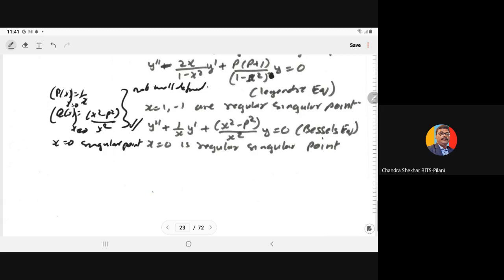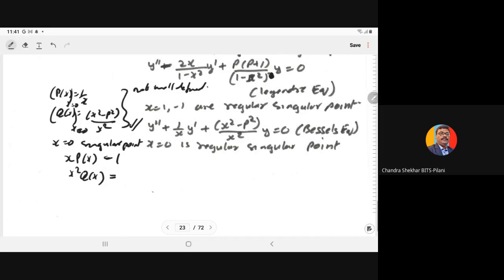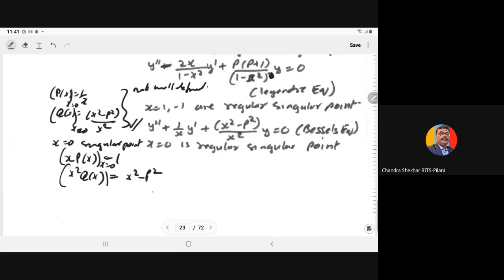Then we have to check the classification of the singular point, whether it is a regular singular point or an irregular singular point. For that, we compute x p(x) and x square q(x). x p(x) is equal to 1, and x square q(x) is x square minus p square. When we put x is equal to 0, it will give you minus p square.